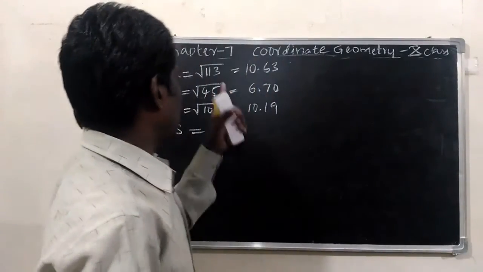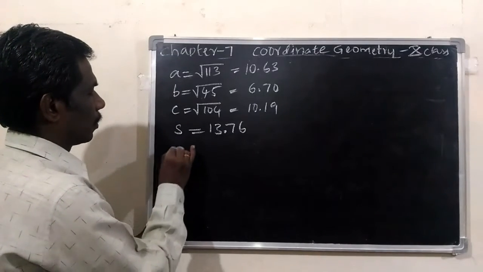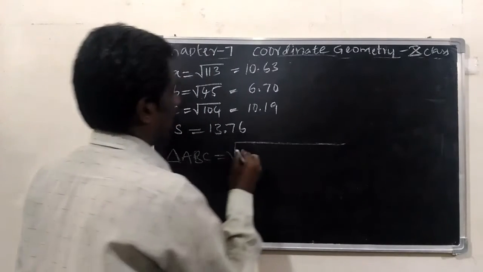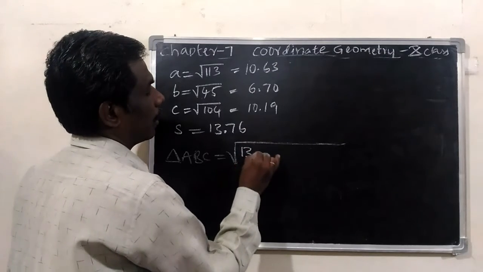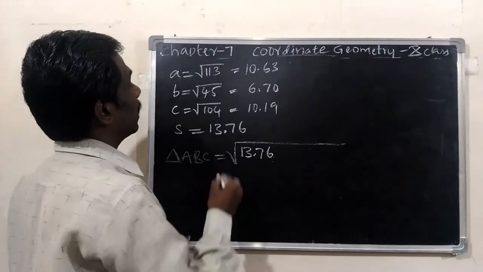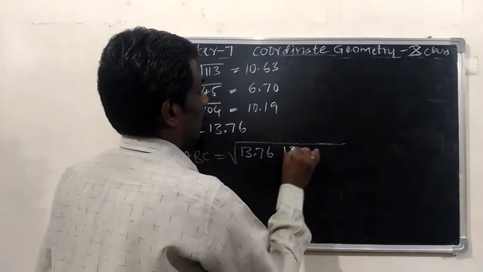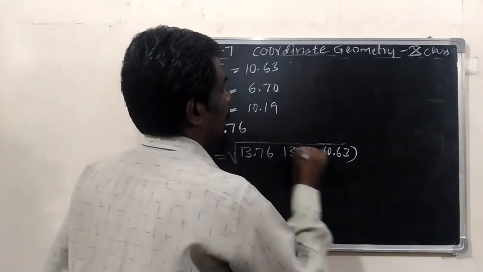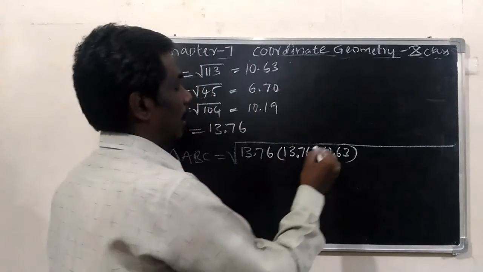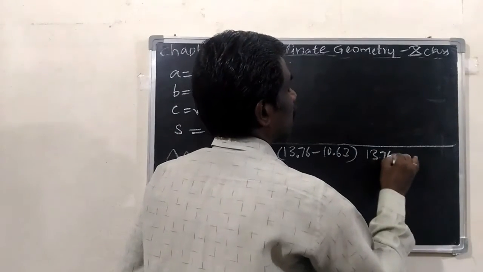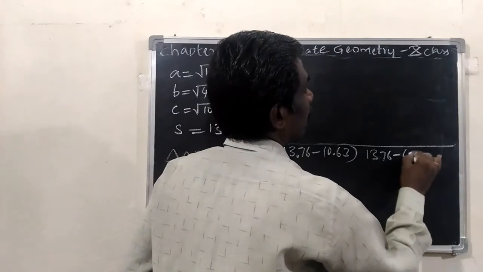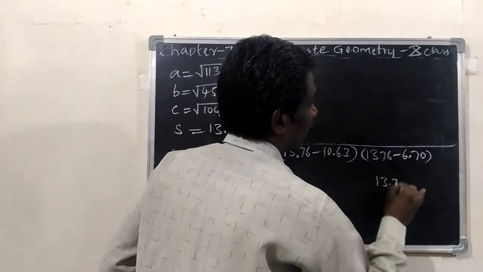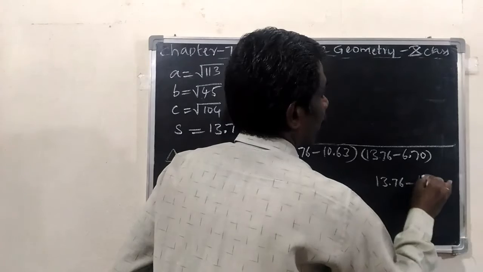So the area of ABC equals under root of s, which is 13.76, into (s minus a) which is 13.76 minus 10.63, and next (s minus b) which is 13.76 minus 6.70, and (s minus c) which is 13.76 minus 10.19.